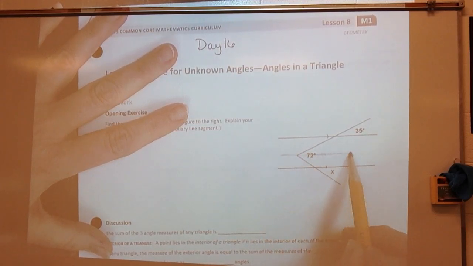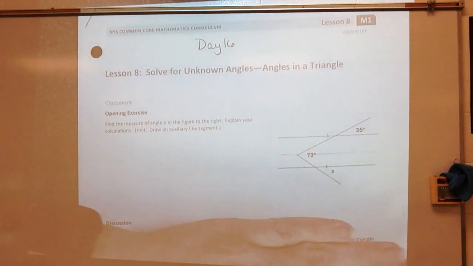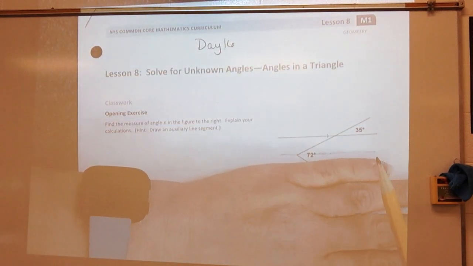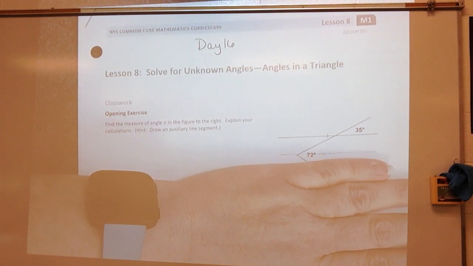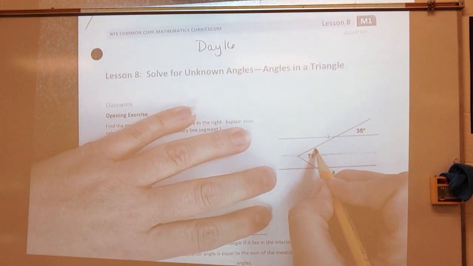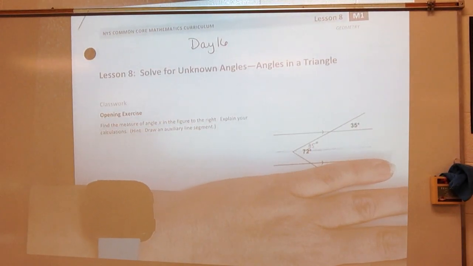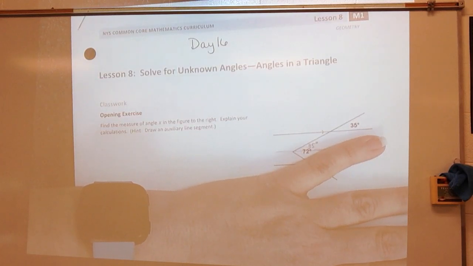So I can draw this auxiliary line, and when I do that, I realize that I can say these are parallel lines, and I have a transversal. This is my transversal. So therefore, I can say I know that the measure of this angle is 35 degrees because of corresponding angles.